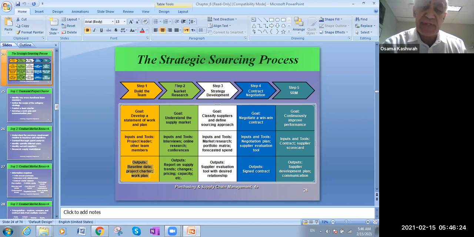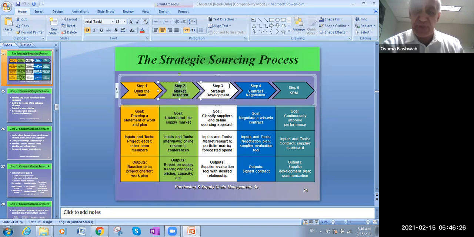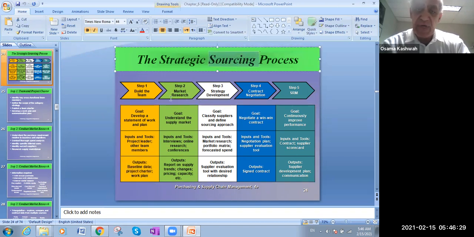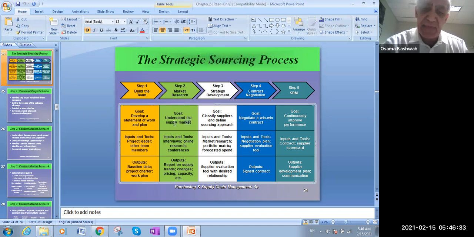Step 2, market research. We are doing market research for sourcing. Goal: understand the supply market very well. Inputs and tools: interviews, online research, conferences. Outputs: report on supply trends, changes in prices, capacity, all that is going on in the market.